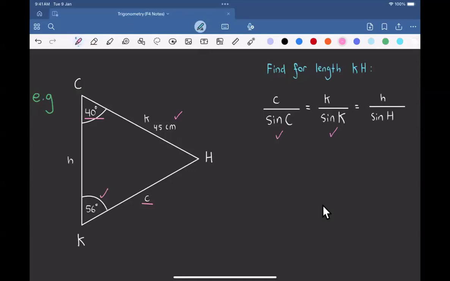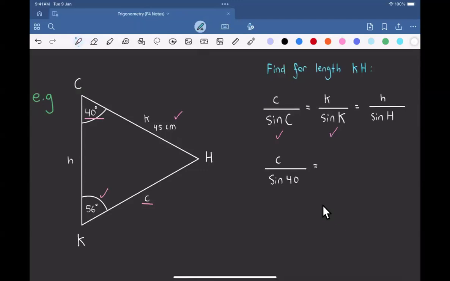Okay, cool. I'm going to make my substitution now. Do we know what side c is equal to? No, so I write in c. Do we know what angle C is? Yes, 40 degrees. Nicholas, tell me what to write after the equal sign.